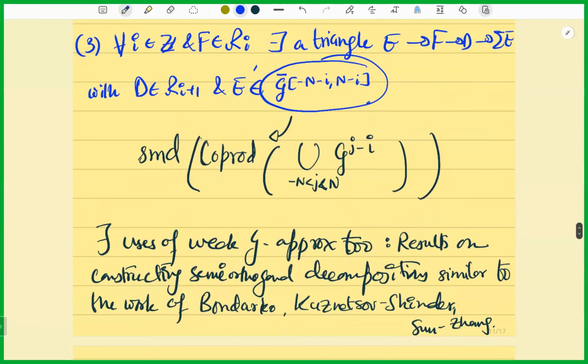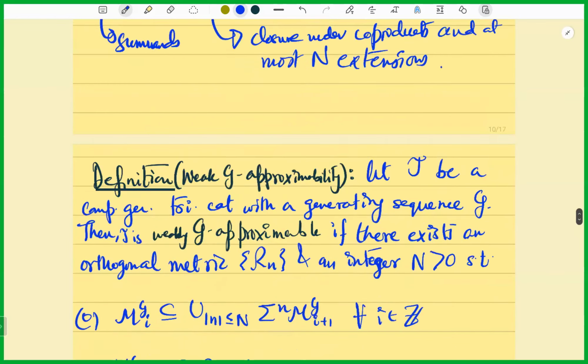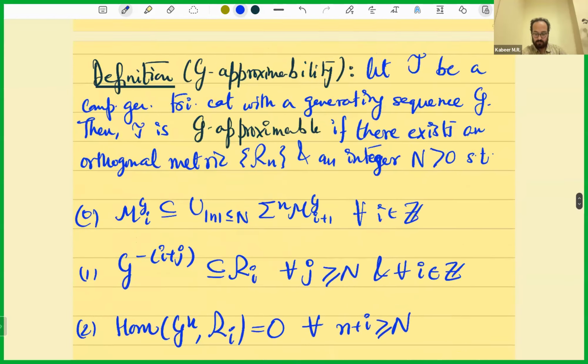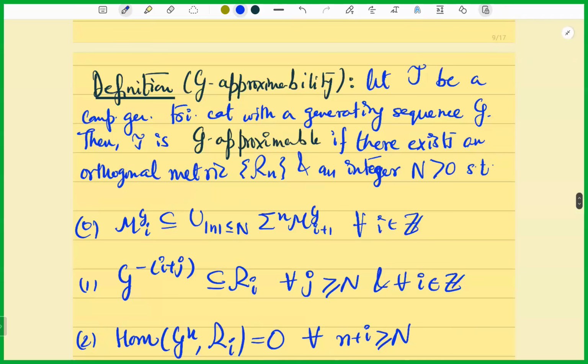Can I ask a question? For your definition of G-approximable triangulated categories, you are still requiring big T to be compactly generated, right? Yes. Is there any scope of making this work for well-generated triangulated categories? Depends on what you want to do with it. For representability theorems, the current proof seems delicate enough that it seems unlikely. But for some other results, maybe.